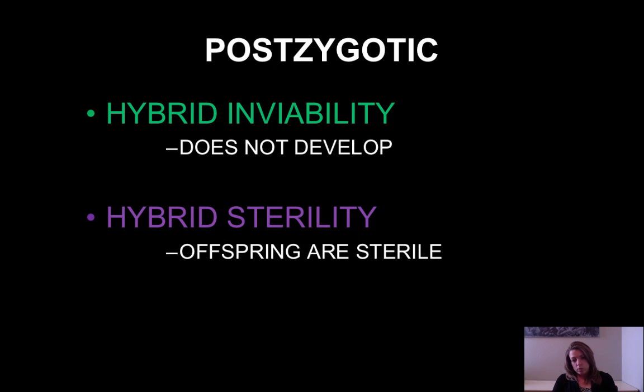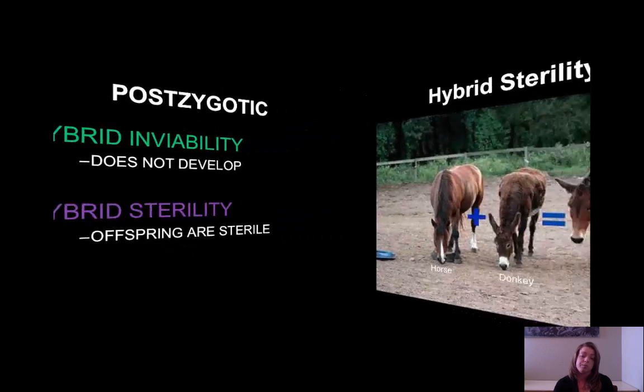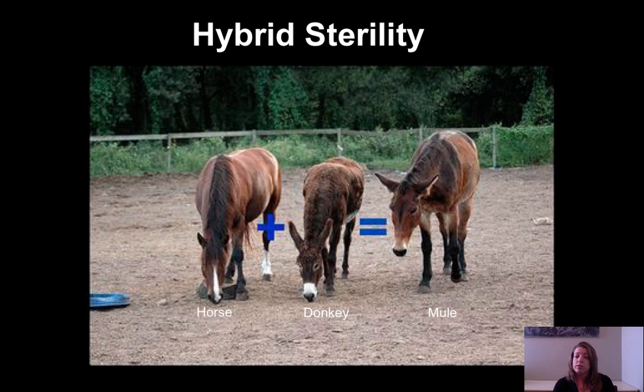Hybrid sterility is one that many people are familiar with. This is where the offspring are sterile, and so they're not going to be able to produce another generation after themselves. And so probably the most familiar example is that of the mule. A mule results from the mating between a horse and a donkey. And while mules are very much viable offspring, they lack that fertility.